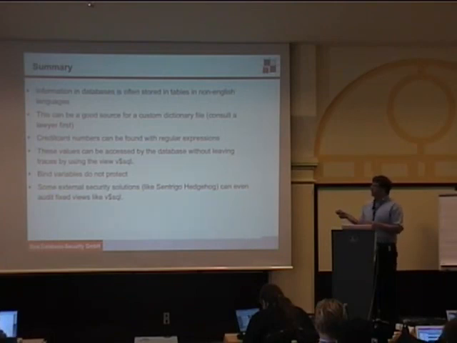The only solution I found so far to monitor that, to see that someone is accessing this table to access information, are some external security solutions like Centrigo Hedgehog. And if you have questions, you can ask Slavik, he's here.